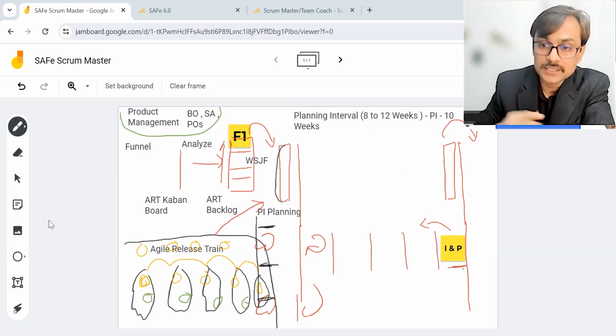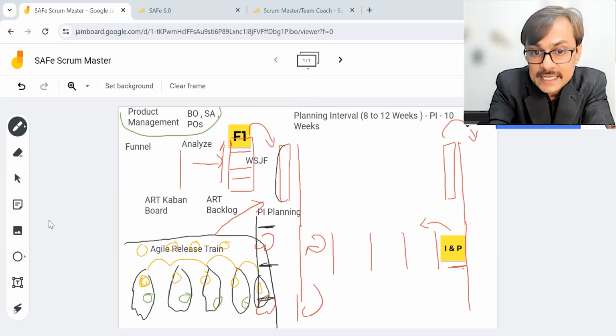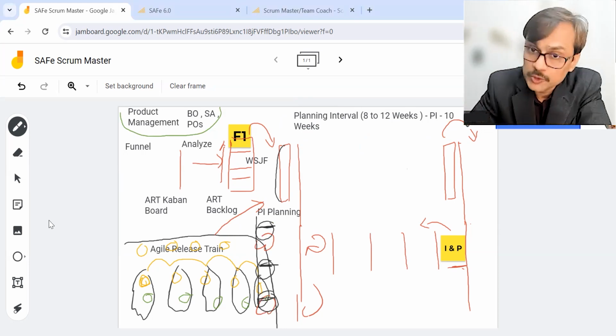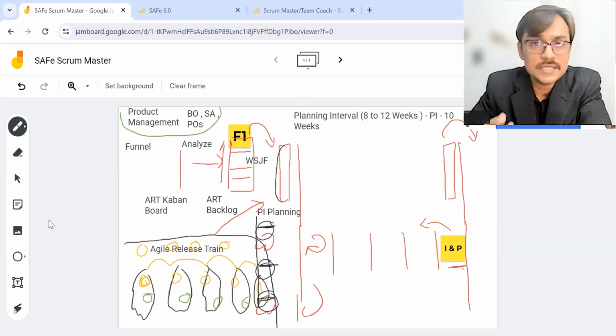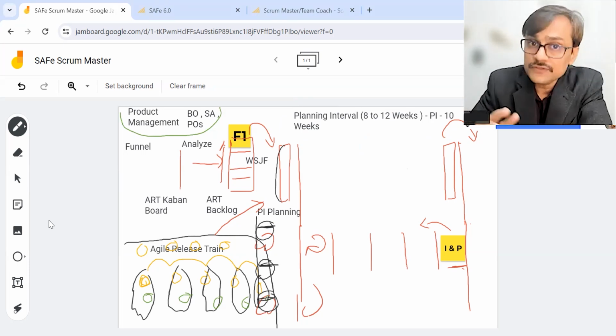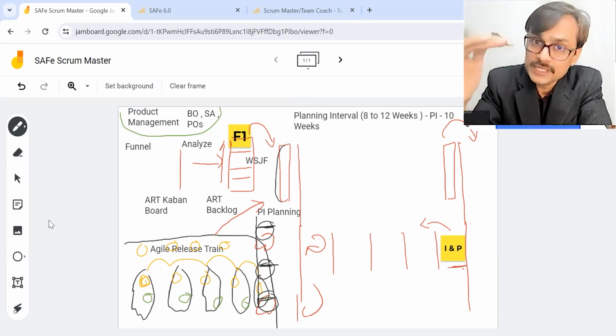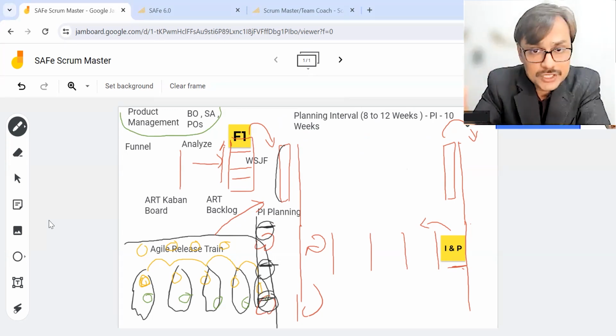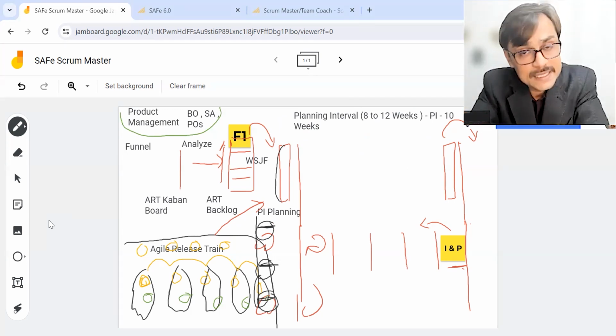Now, as a Scrum Master, I need to make sure my team prepares well for the PI planning meeting. Yeah. So what does it mean? Ensuring the product owners and the team members are doing due diligence by talking about those features. I need to ensure these features are sufficiently getting split into user stories. My team is working and doing some exploration to find out what all dependencies are there.